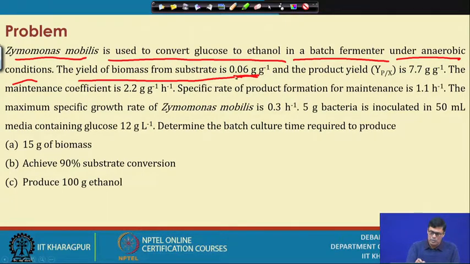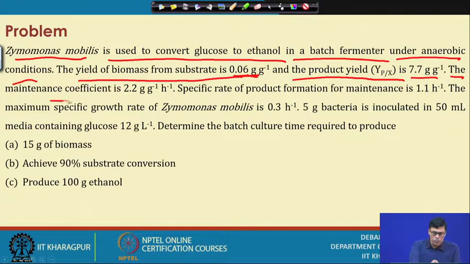That is why here it is 0.06 gram per gram. The product yield, Yp by x, equals 7.7 gram per gram. That means 7.7 gram of ethanol is produced per gram of bacterial cells.